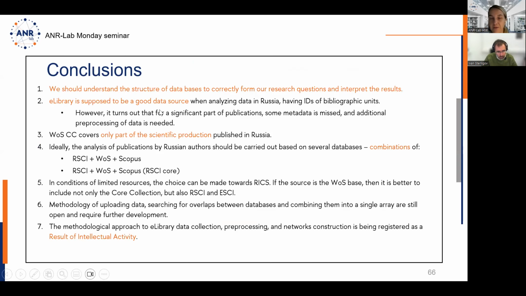Okay, so I came to conclusions. Good news. My main statements would be the following. Of course, it is important to understand the structure of databases which we use for bibliographic network analysis.